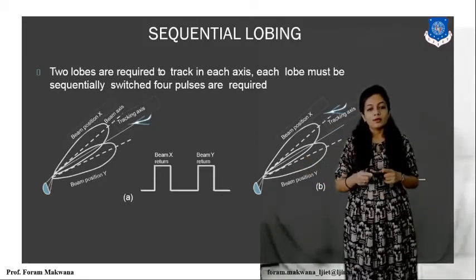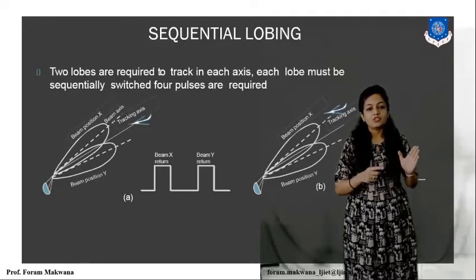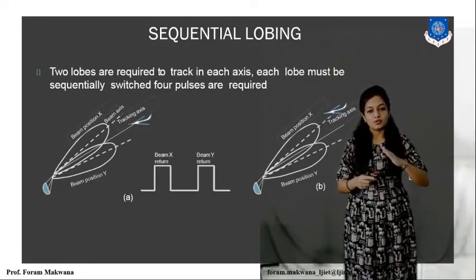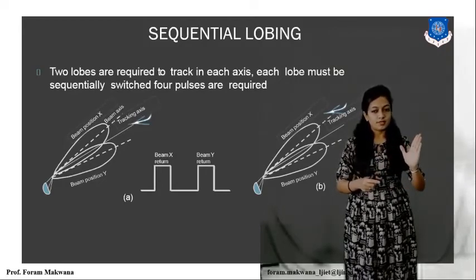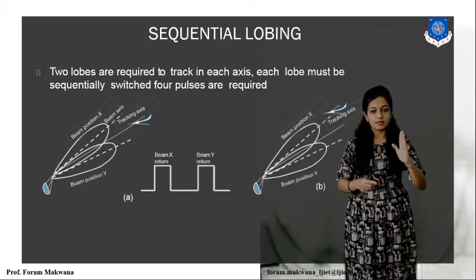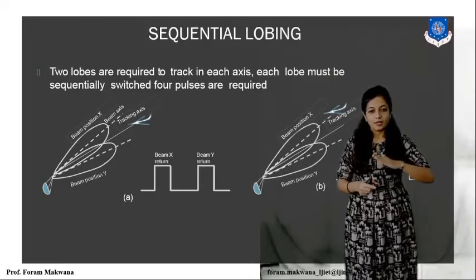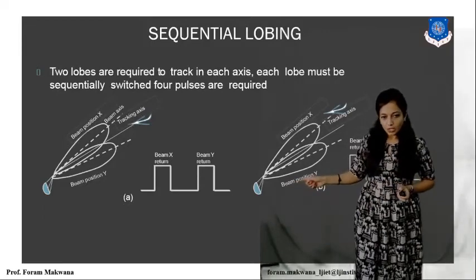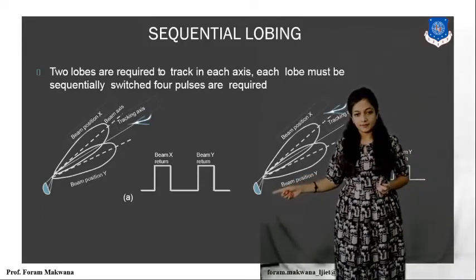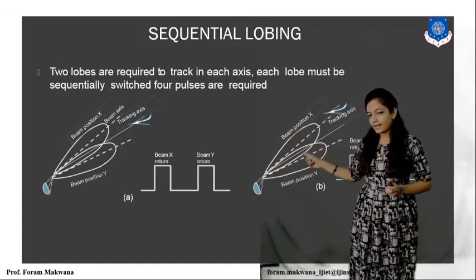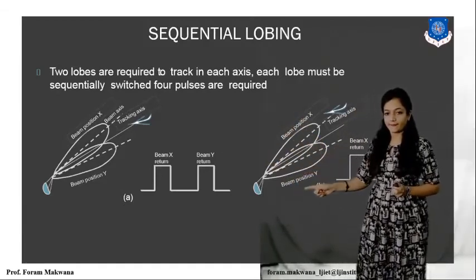Each lobe must be sequentially switched. First it transmits in this direction, then this, likewise. Let's see. Over here my radar is there. This is beam position X, this is beam position Y.